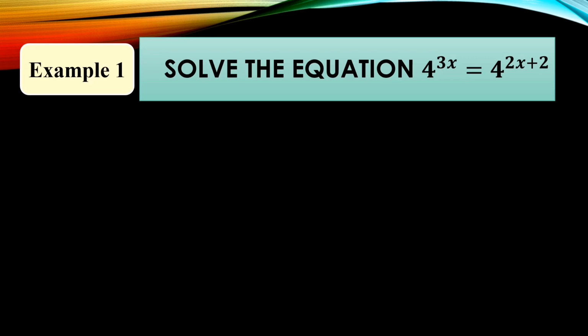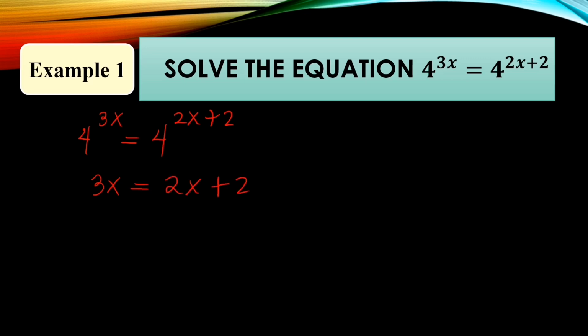Let us have example number 1. Solve the equation 4 raised to 3x is equal to 4 raised to 2x plus 2. If you can see, the bases are the same. That's why we pull out the exponents. So 3x is equal to 2x plus 2.